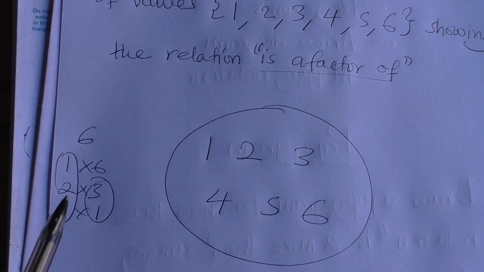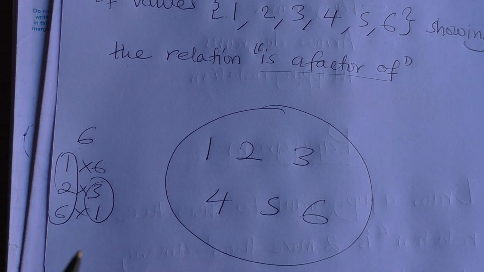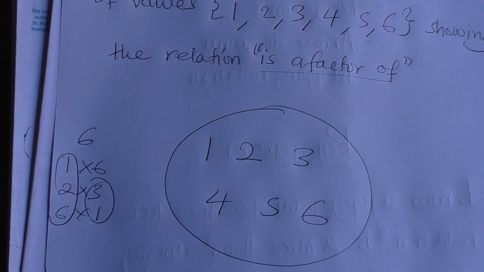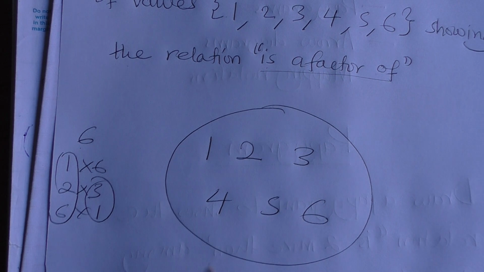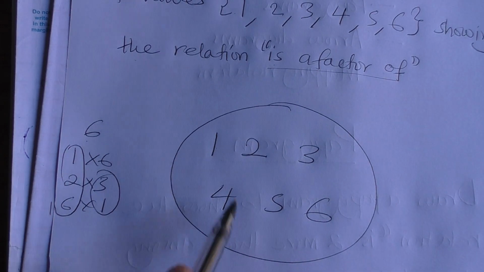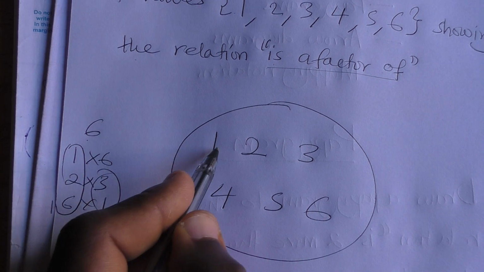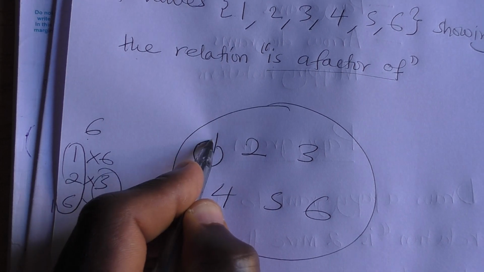So a factor of a number is that number you multiply with other natural numbers to get the required number. So what are the factors of 1? The numbers that you multiply to get 1, and that is 1 itself. 1 times 1.